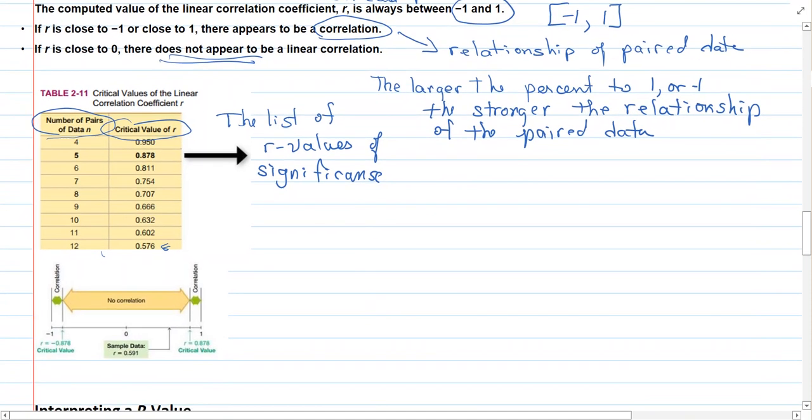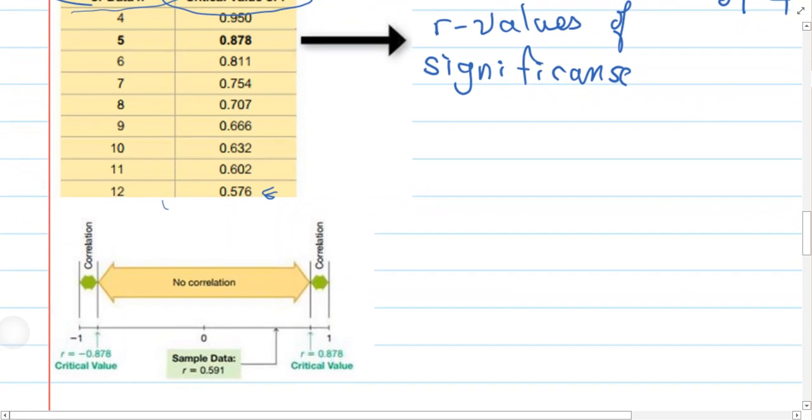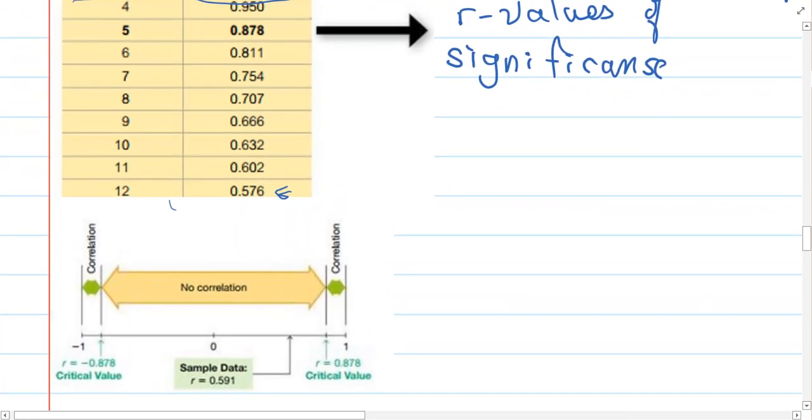Then we have this picture that I got, and I'm going to enlarge it. It says the correlation area, that means the value of the relationship of R, and then the non-correlation, which is a center part of that percentile.